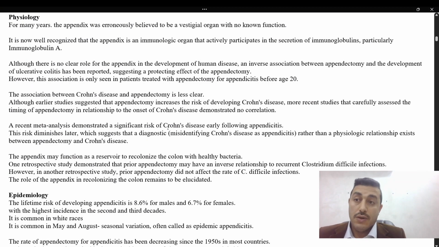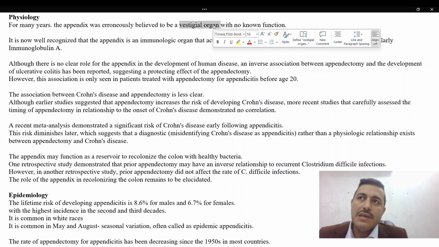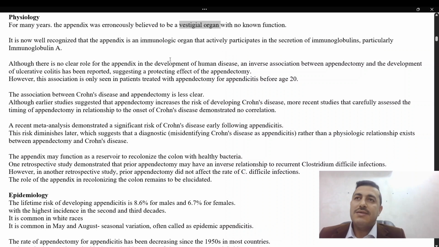Okay, about the physiology. It was thought that the appendix is just a vestigial organ. A vestigial organ means an organ that is present in the human body with no function, but in our old humans, or the first humans, it had a function.